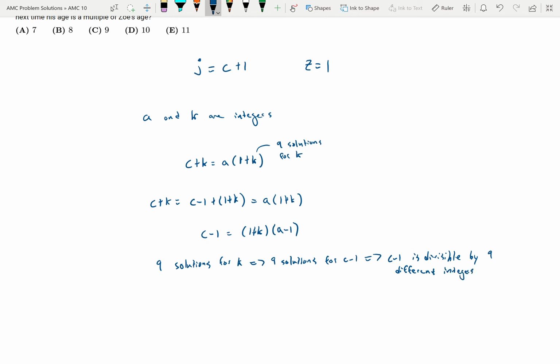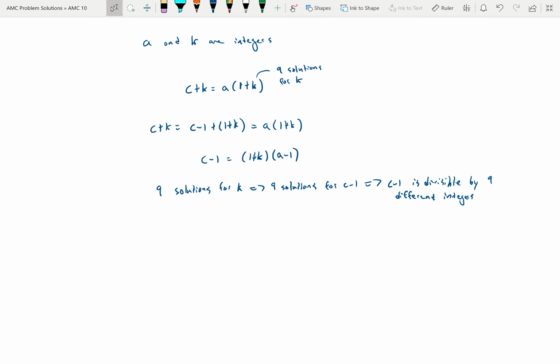Okay. So now I want to start thinking, what could C minus 1 be? And to try to figure that out, I want to think about what the prime factorization of C minus 1 could be. So what are some prime factorizations that are divisible by 9 different integers?